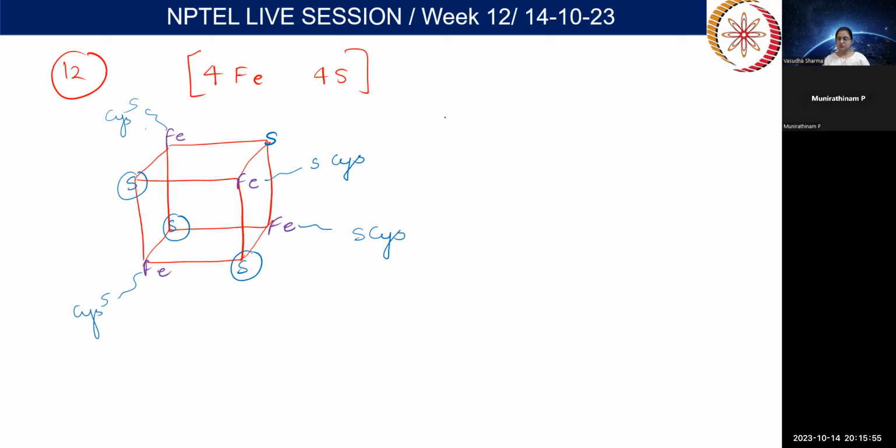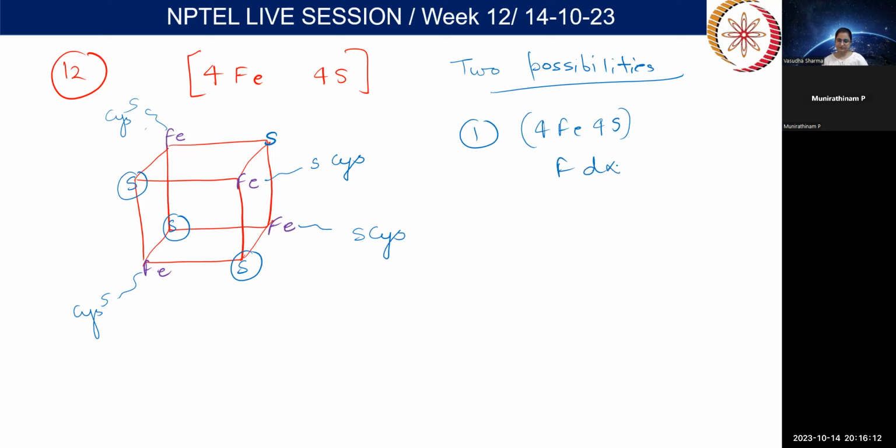Now, there are two possibilities that have come for this particular system. The first possibility, the first class that we say, is 4Fe, 4 sulfur ferredoxin. That means in the oxidized state it would be +3, +3, +2, +2.